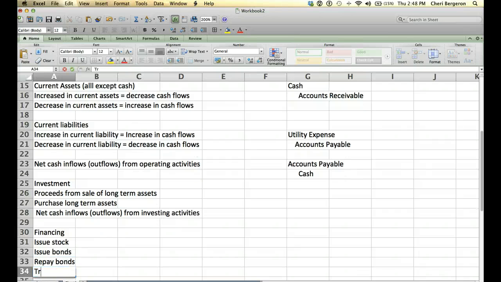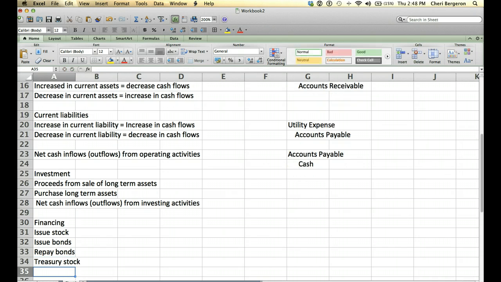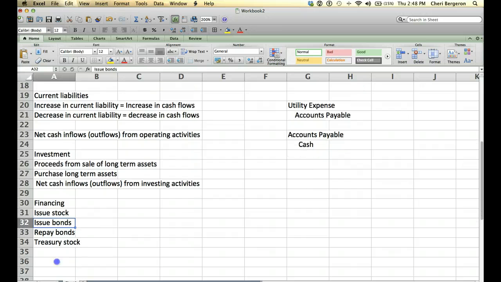If you have treasury stock transactions, if you buy treasury stock, it'll decrease it. If you sell it, you'll increase it by the cash amount. Let's see, stocks, bonds, treasury stock. I wrote bonds here, but it could be any other long-term liability. And that is all I can think of for right now.